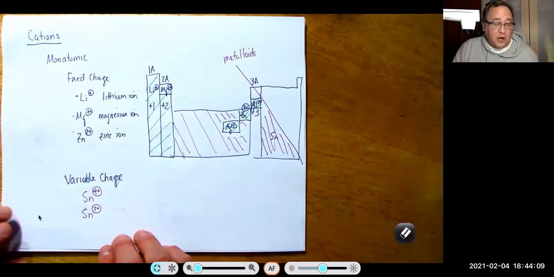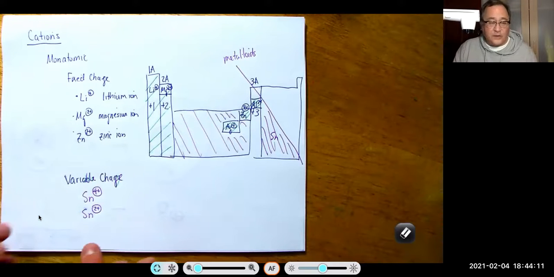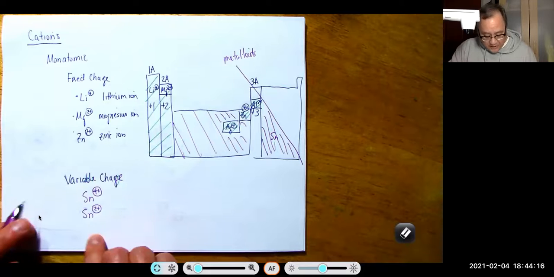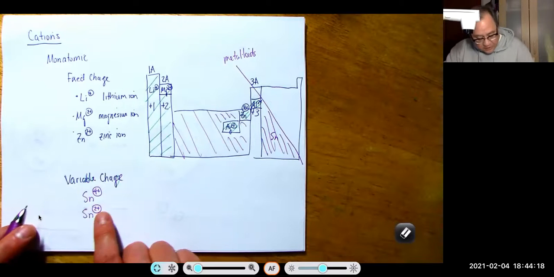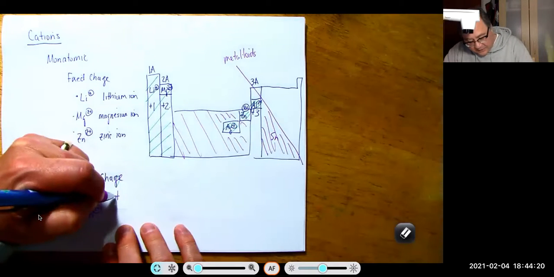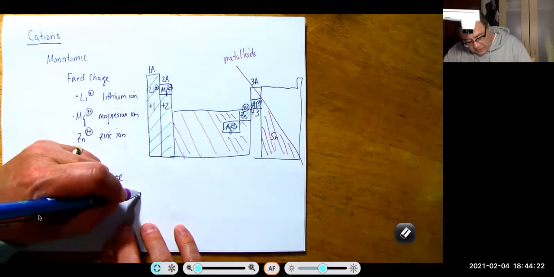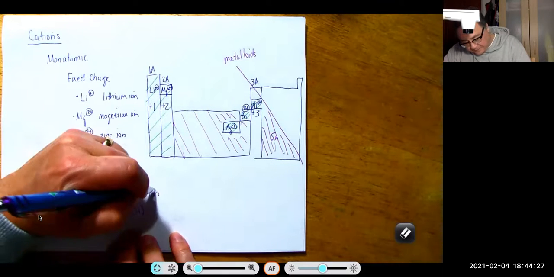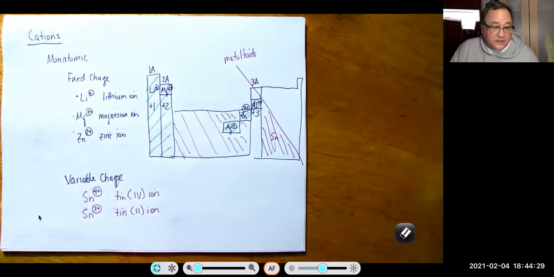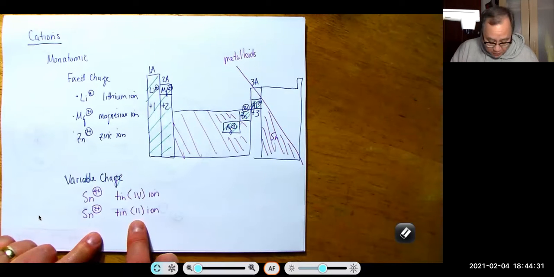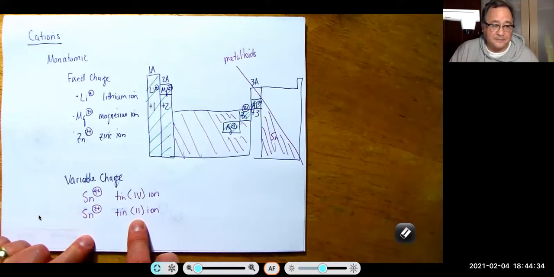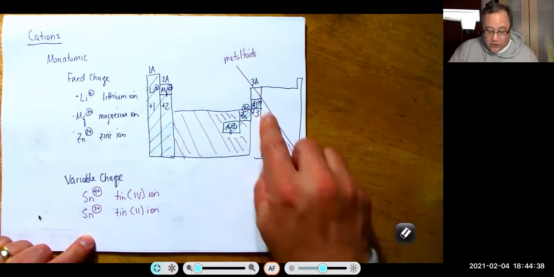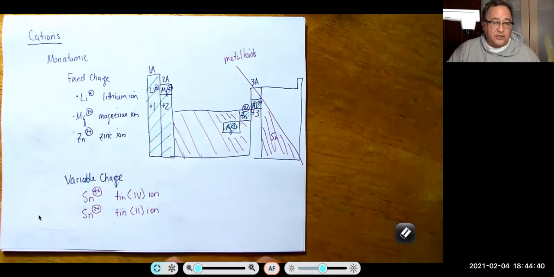Clearly, they have different charges, and clearly, we need to distinguish between the two in the name. So the way we do this is we call this guy tin 4, and we call this one tin 2. So these are Roman numerals to describe the charge on the ion. So all of these purple ones, you have to tell people the charge in the name.